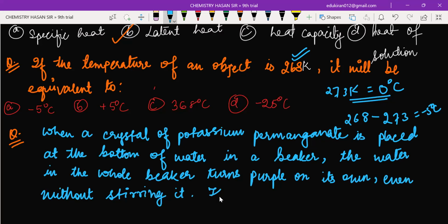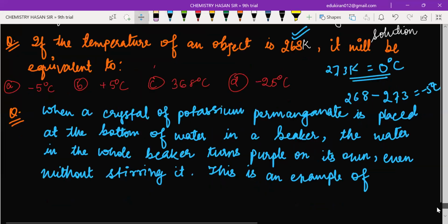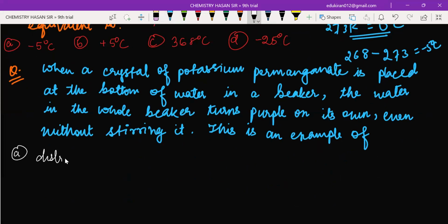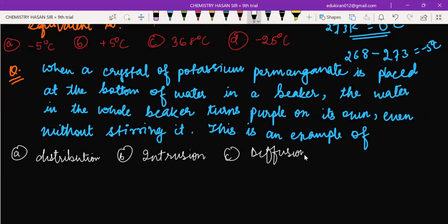This is an example of: option A, distribution; option B, intrusion; option C, diffusion; option D, effusion.